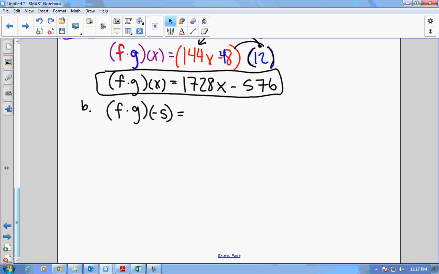Okay, he already told you what you do. He said you take the negative 5 and you plug it where the x is. Look at where the x was. You put a negative 5 where that x is. And then you do the math. Type it in.